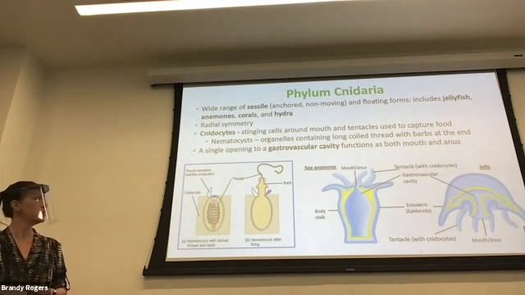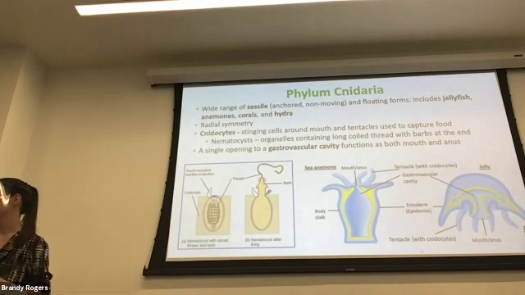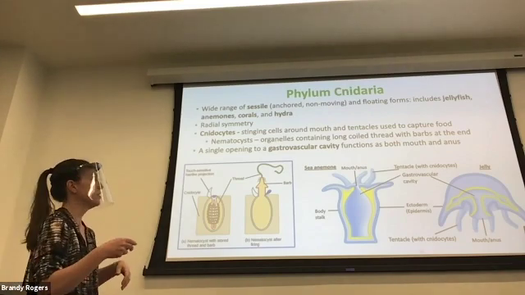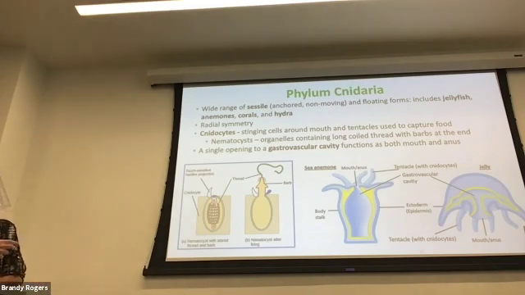You guys remember? What are we talking about? Yeah, two germ layer tissues, right? Endoderm and ectoderm. The mesoderm is lacking in radially symmetric animals. So they've got two germ layers.